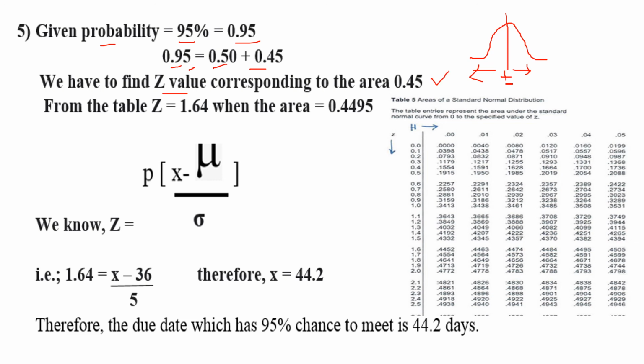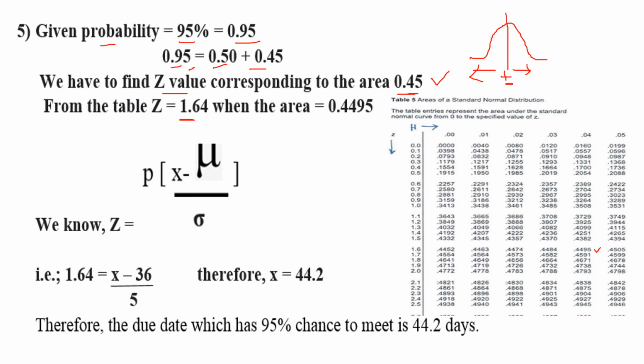Now come to the table here. You have to search where you will get this 0.45 from the table. You will get it from this combination, 1.64.